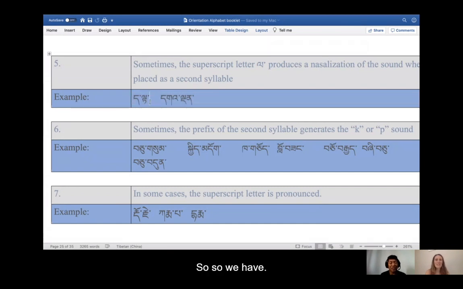So we have prefix, head letter la, and then nasalized tanda.